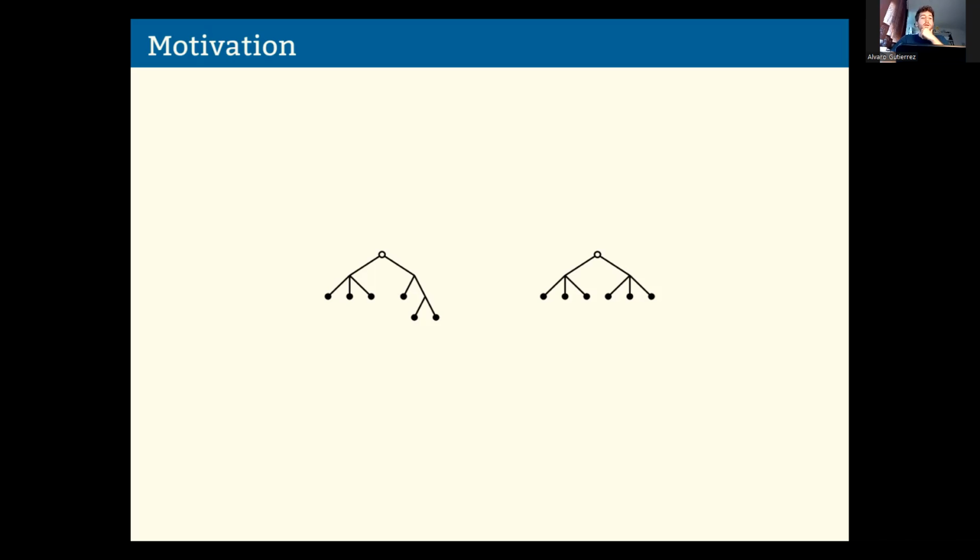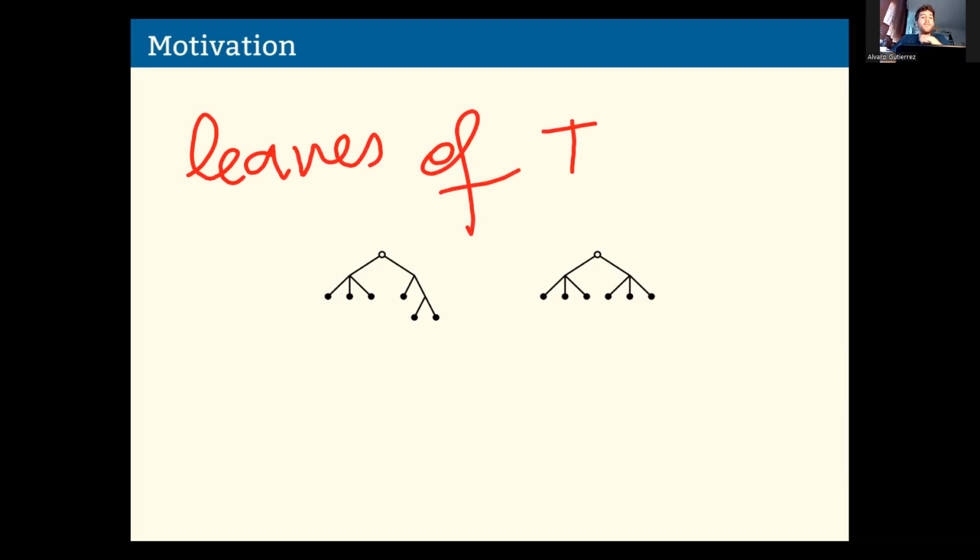So one object that we can associate to a tree to understand its structure, or in this case, only the leaves of the tree, okay? It's going to be the group of symmetries of the given tree.